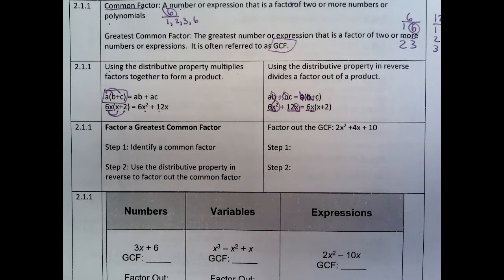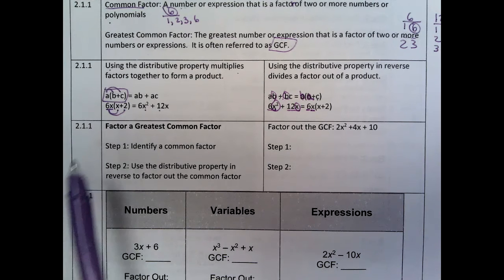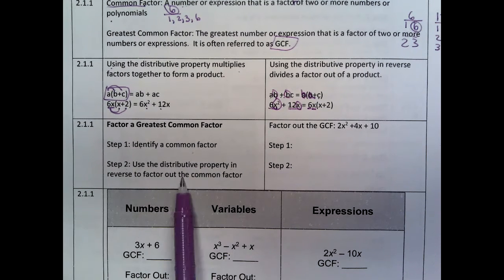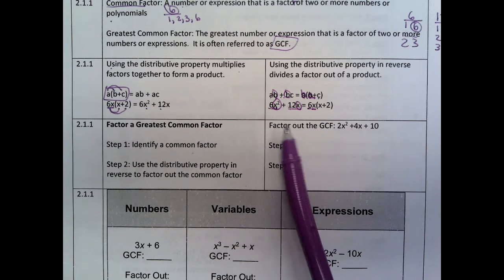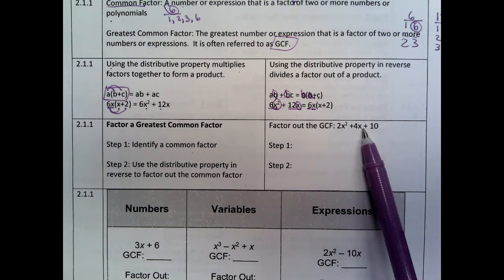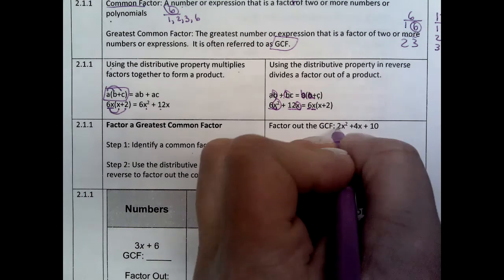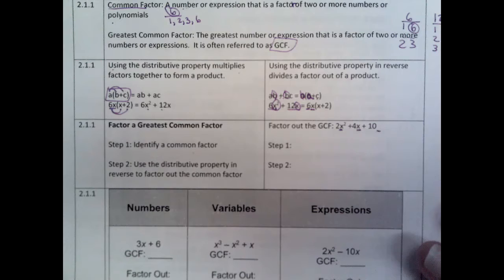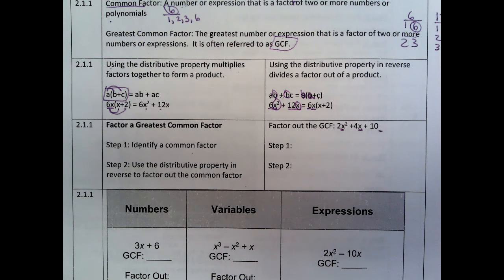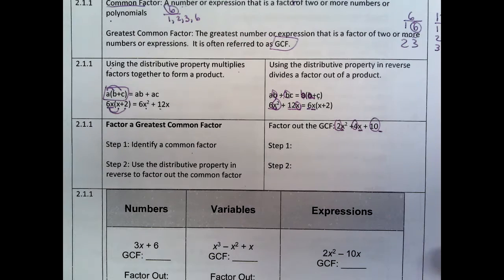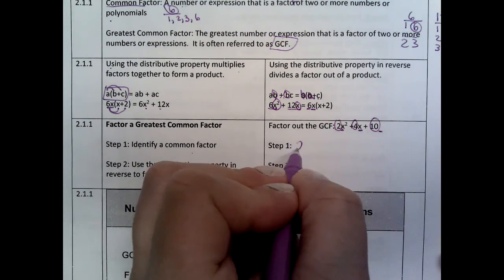All right, so when we're factoring a greatest common factor, the first thing we're going to do is identify a common factor. And then we're going to use the distributive property in reverse to factor out the common factor. So here we want to factor out the greatest common factor out of 2x squared plus 4x plus 10. First I'm going to look at the variables. These don't all have an x, so x is not going to be part of my greatest common factor. But the numbers 2, 4, and 10 are all divisible by 2.